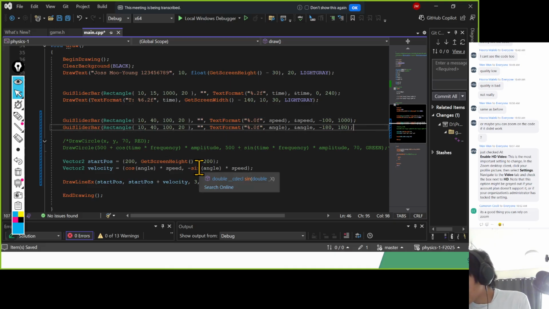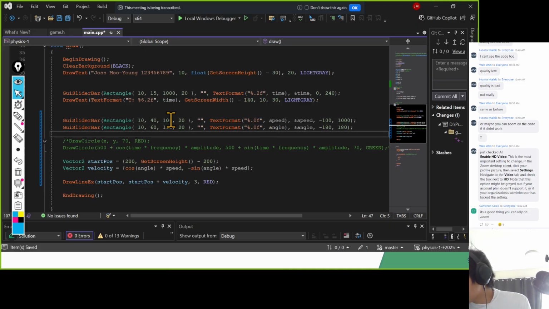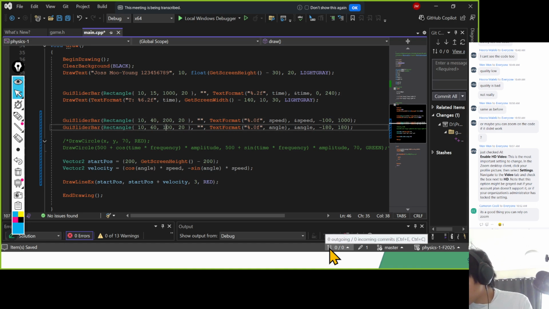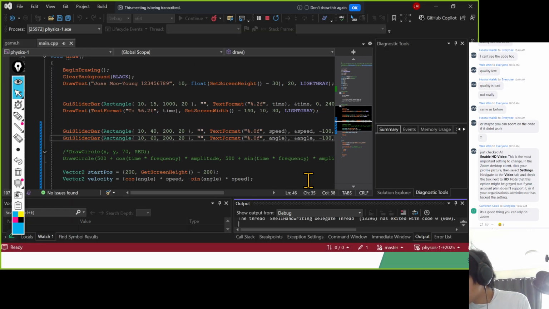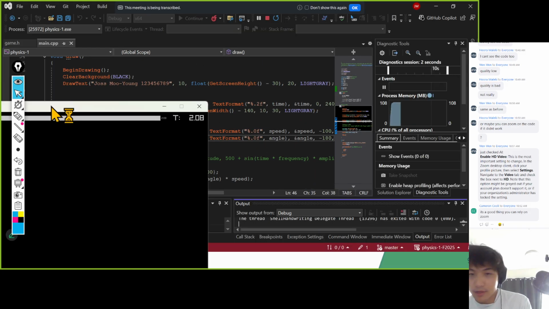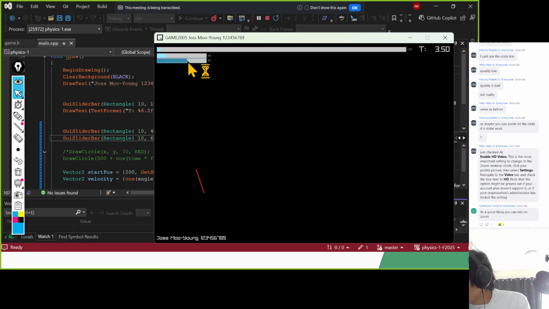Okay. We'll keep that where it is, just move it slightly further down. Maybe I'll make these sliders a little longer. Okay, so now we have another slider for angle.